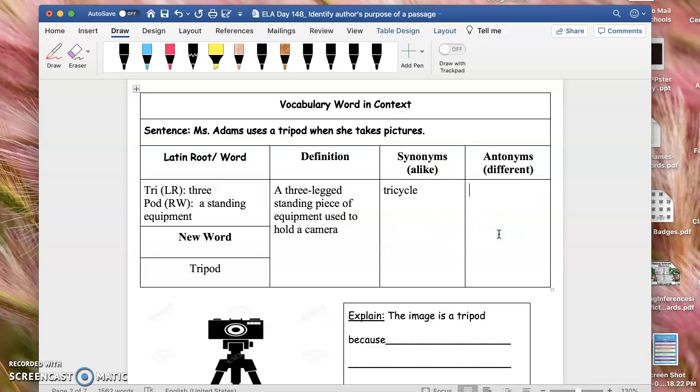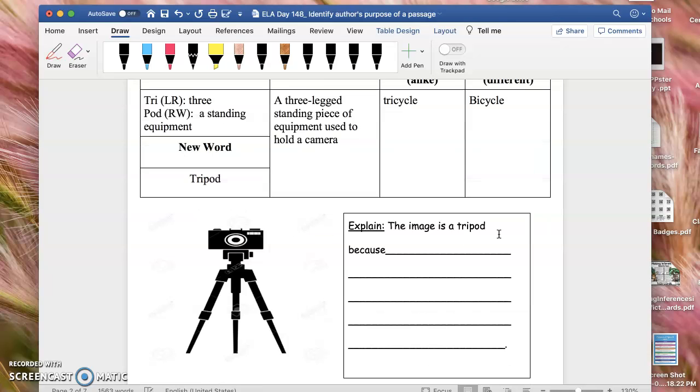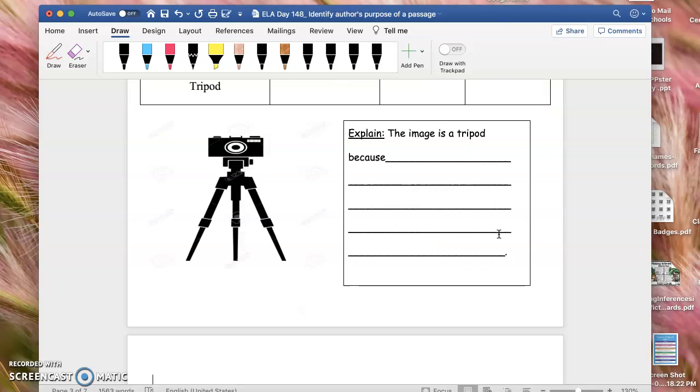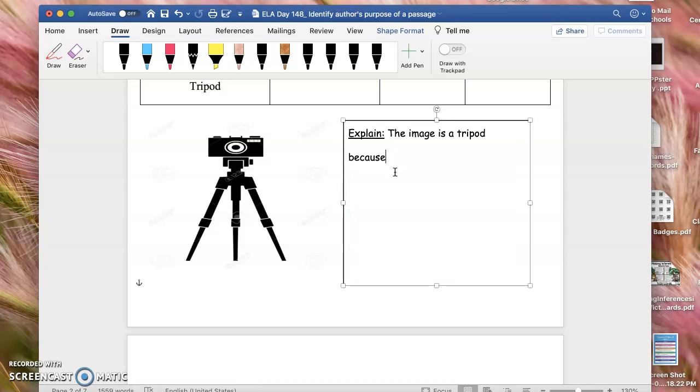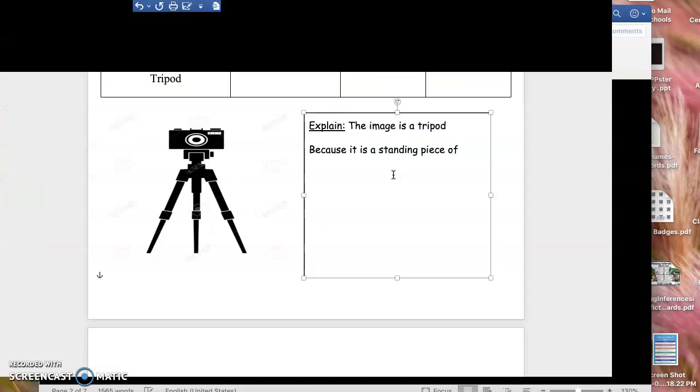And an antonym would be bicycle because it only has two. So how do I know that the image is a tripod? I know the image is a tripod because it has three legs and it's a standing piece of equipment. I'm sorry, guys, I can't type today.